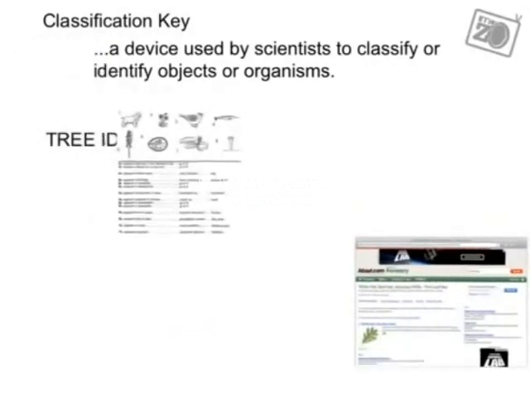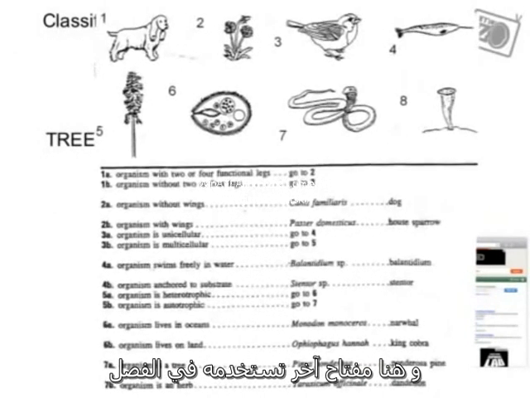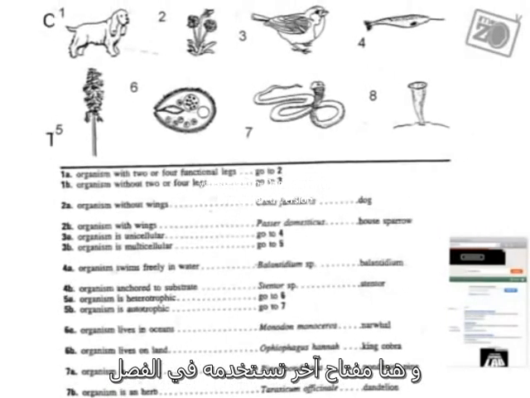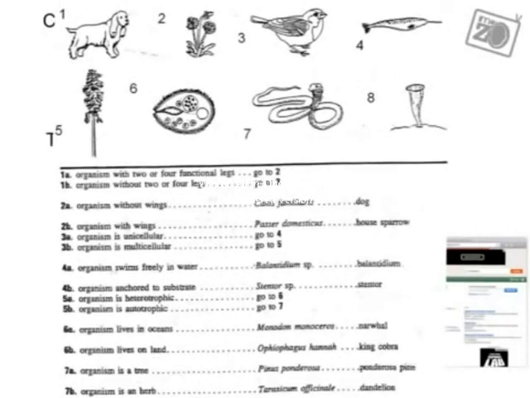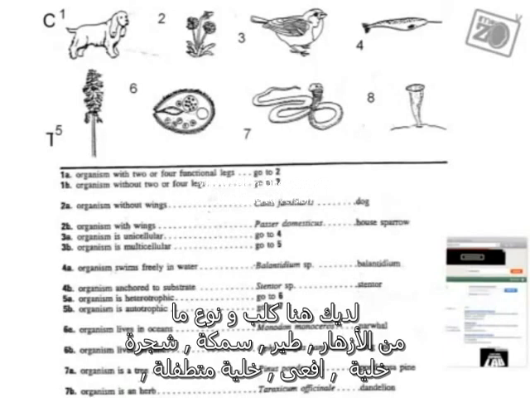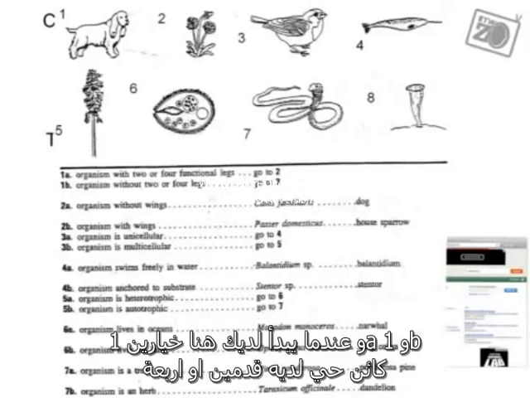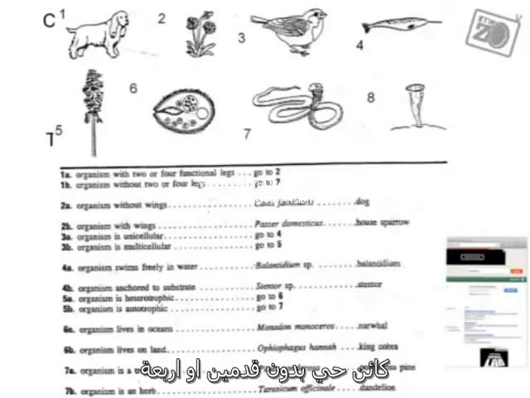Identify an unknown tree. Let me give you another one. Here's one that you might use, say, in class. You have a dog, you have some sort of flower, a bird, a fish, a tree, a single-celled organism, a snake, and then a sponge. And so by going through, you'll see two choices, 1A, 1B, an organism with 2 or 4 functional legs, or an organism without 2 or 4 legs.